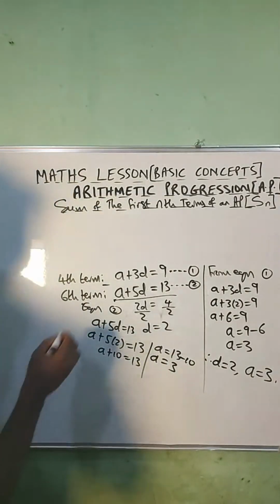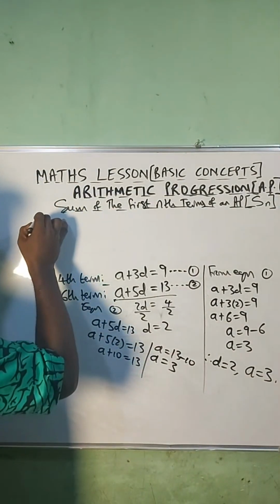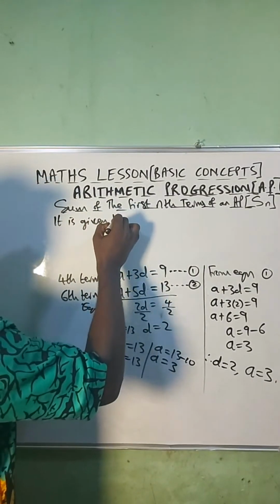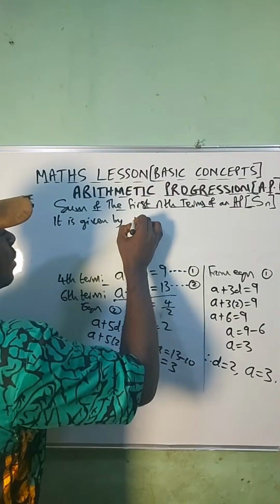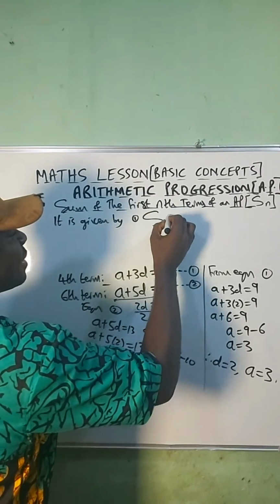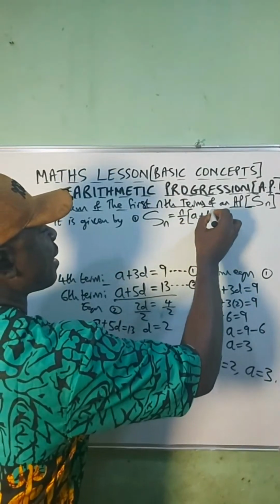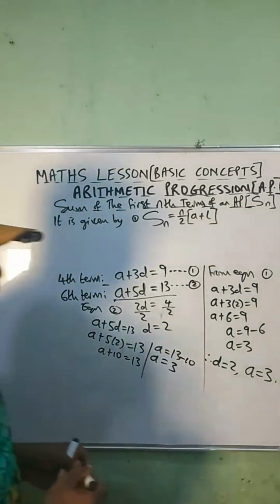And so it is given by Sn equals n over 2 into A plus L. Yes, we'll use this one.